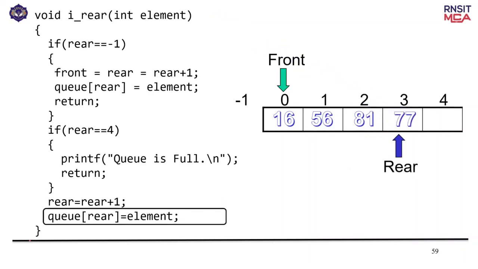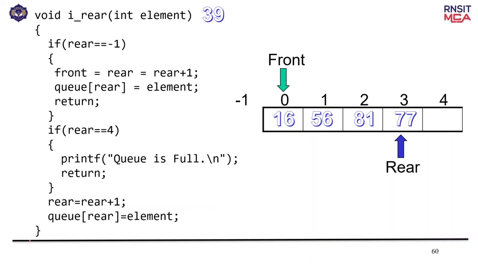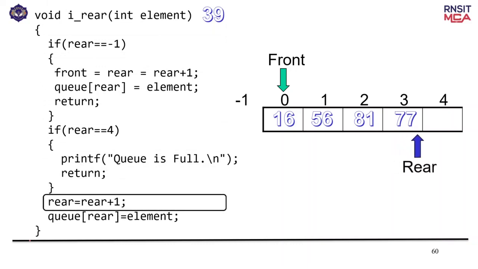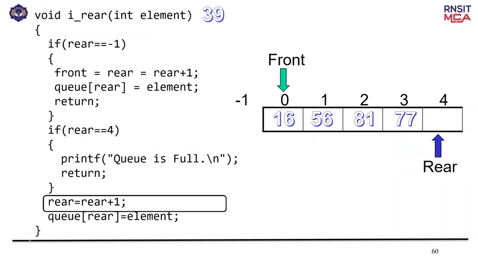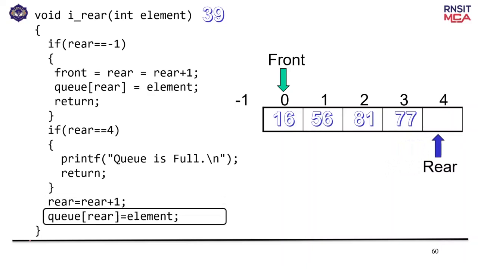Next, you call insert rear again and this time you pass 39. You check rear is equal to 4, no. You increment the rear and store Q of rear is equal to element. Yes, 39 is stored.